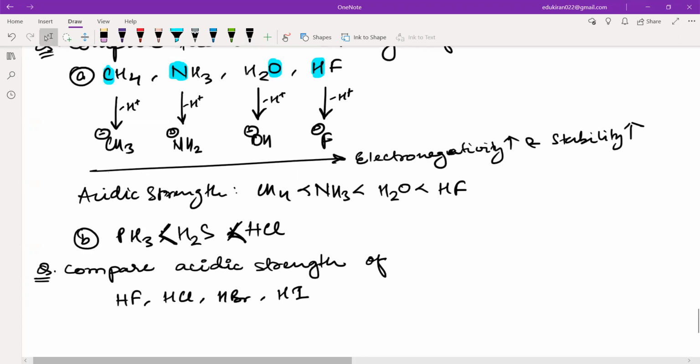In a group we will have a different case, because two things will happen. The bond length will increase from HF to HCl to HBr to HI. That means the breaking of the bond will be easier. We can easily break a bond.